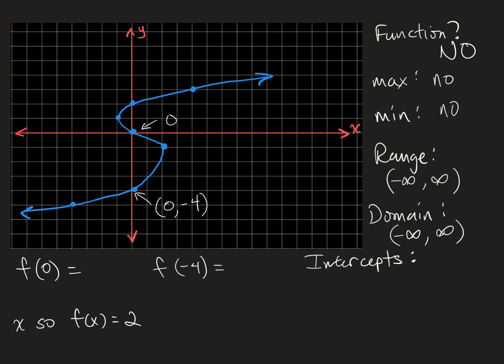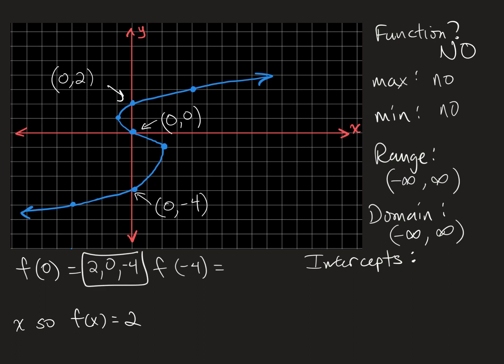This point is 0, comma, 0. And right here, this point is 0, comma, 2. So those will be those y values, 2, 0, and -4. Those will be your answers. There we go.